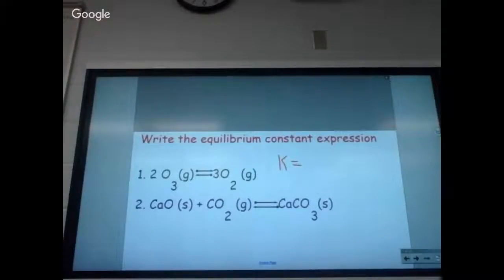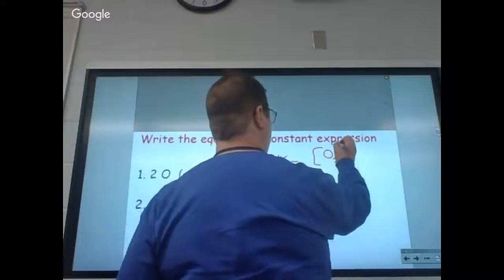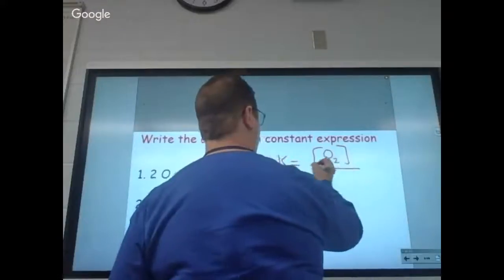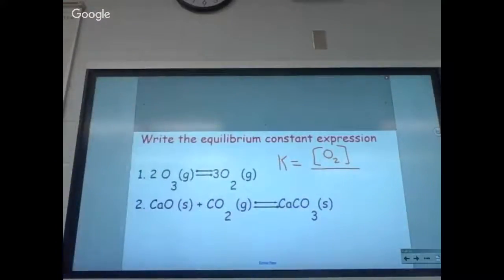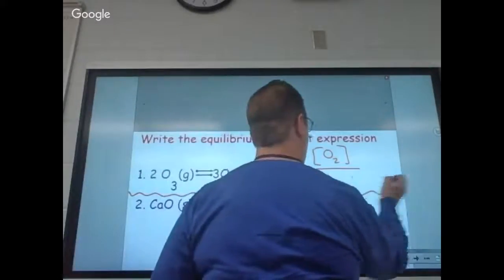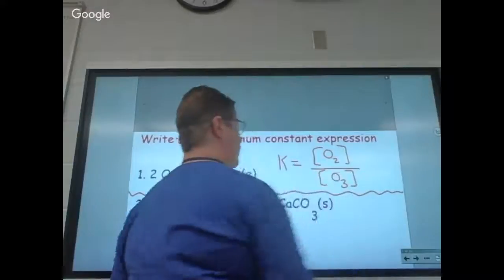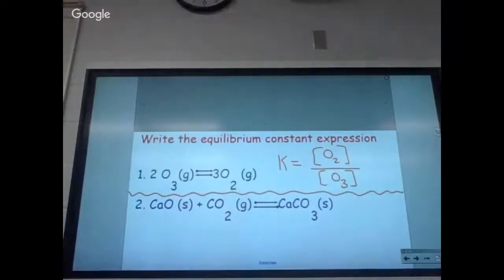O2 goes on top over what is my reactant in number 1? Okay, over O3. All right, that's the first step: products over reactants.